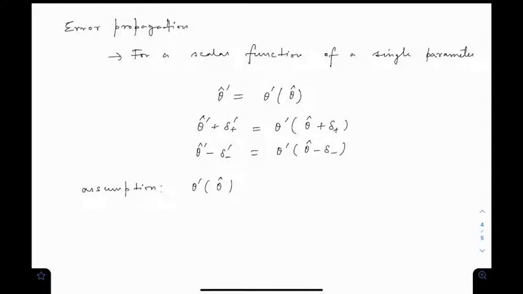A difficult problem is the determination of the error of a scalar quantity which depends on several measured input parameters.